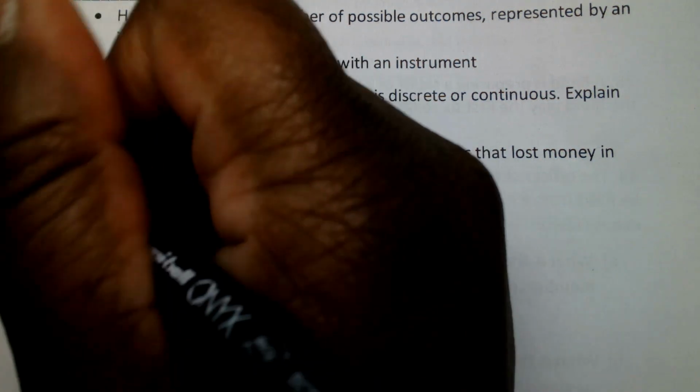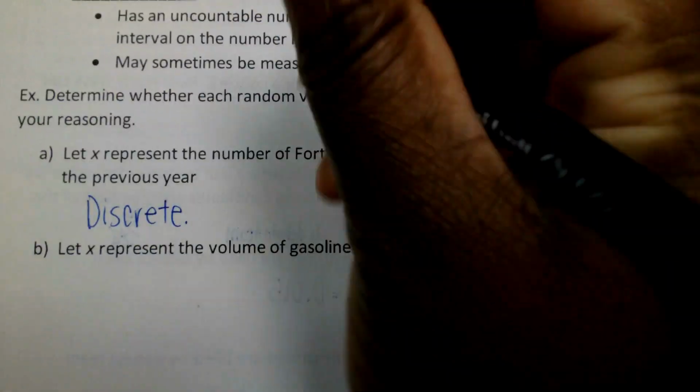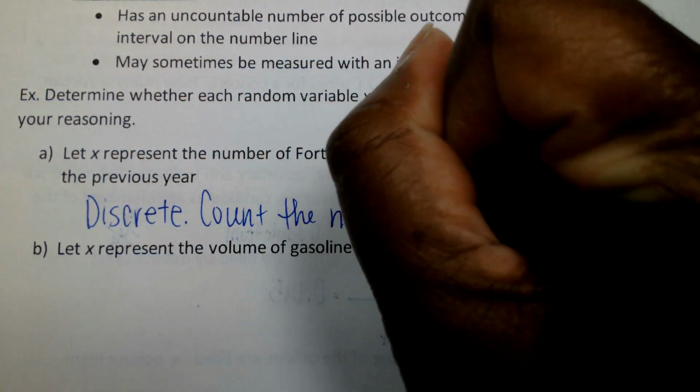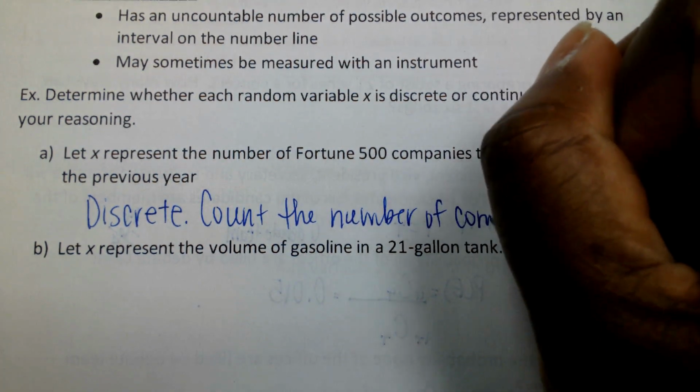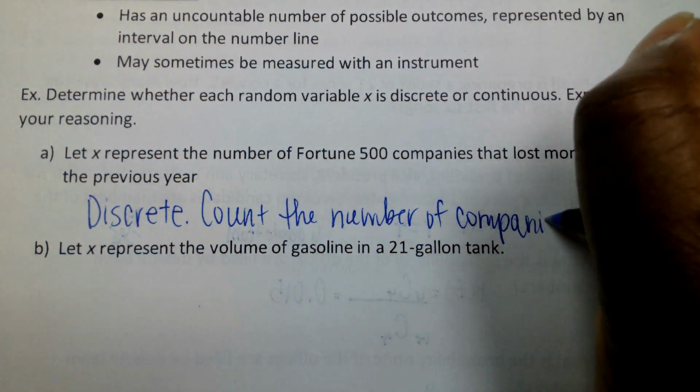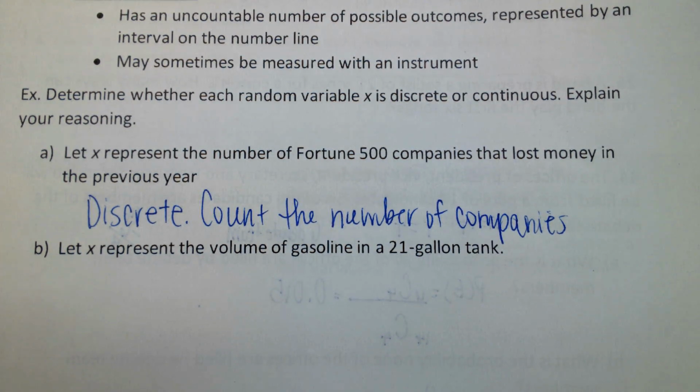Okay, right. We can count companies. We count the number of companies that lost money in the previous year.